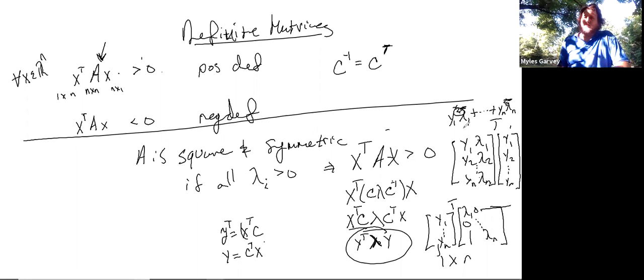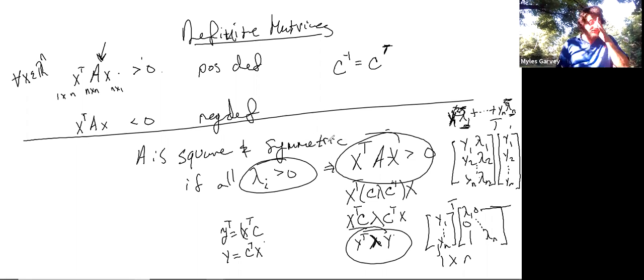What this simply means is that if all of the eigenvalues are positive, then I'm going to get a strictly positive quantity over here. And that means that if it's true for all y, it needs to also be true for all x, which means, put differently, if all the eigenvalues are strictly bigger than 0, I have a positive definite matrix.